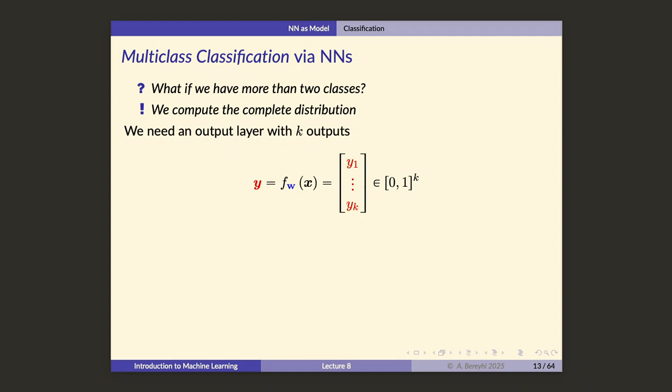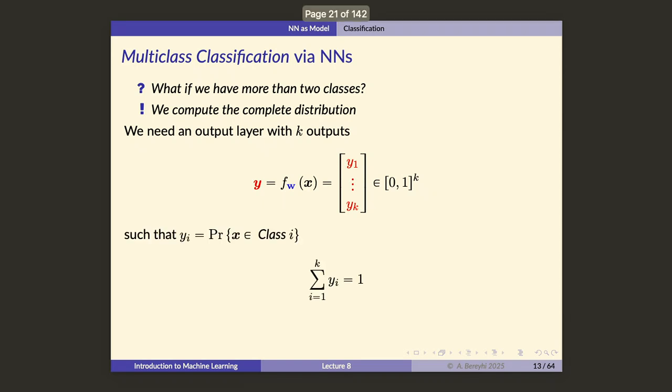So meaning that every single entry inside this k-dimensional vector should be a number in which range? 0 and 1, because they are probabilities, right? But this is not the only property they need to satisfy. There is another property. What is that? Add to 1, right.